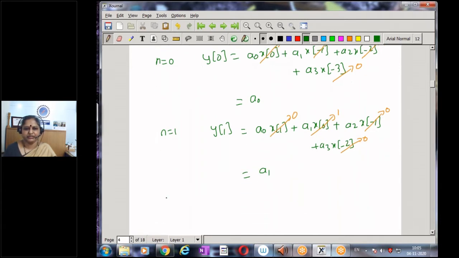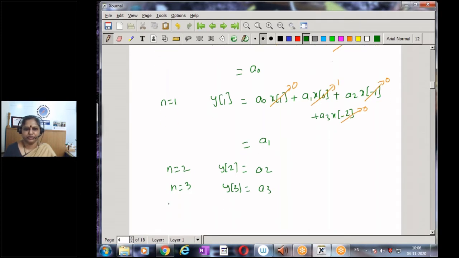Similarly, if I proceed and substitute n equal to 2, I will get y2 equal to a2, and when I put n equal to 3, I will get y3 equal to a3. If I put n equal to 4 or any number higher than that, y4 will be 0, and for any value of n greater than that it is going to be 0.